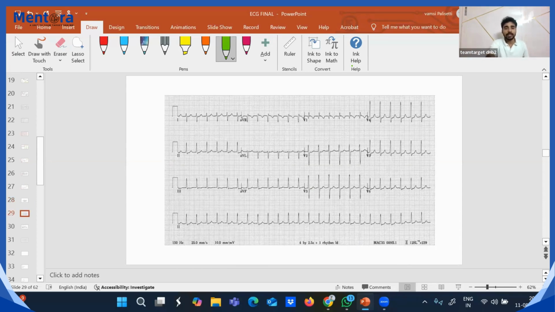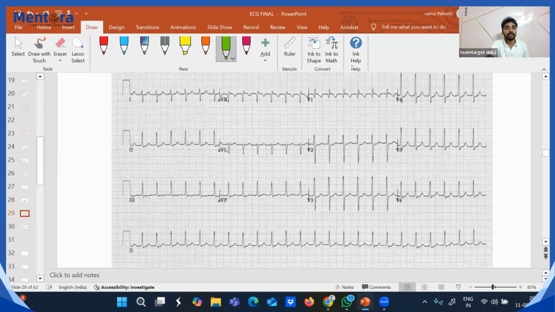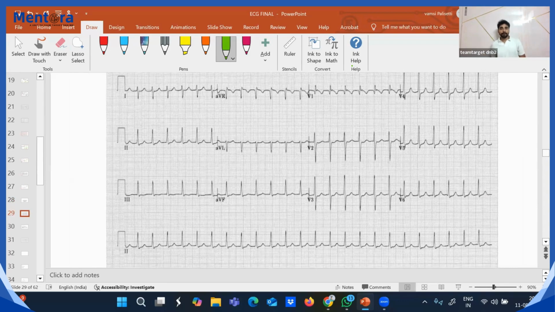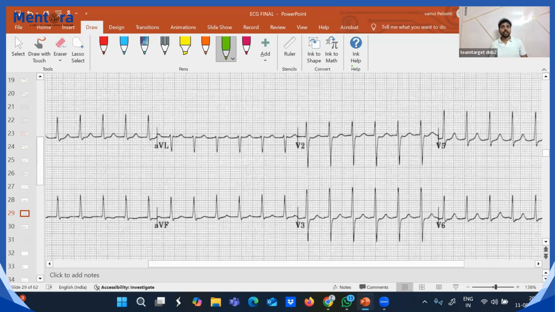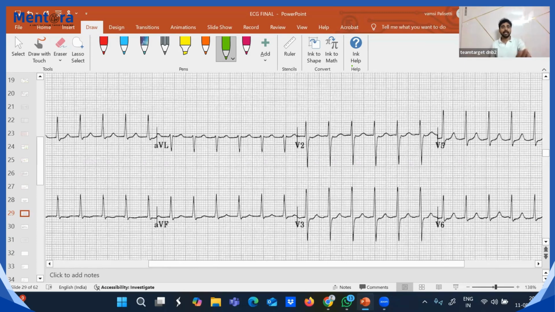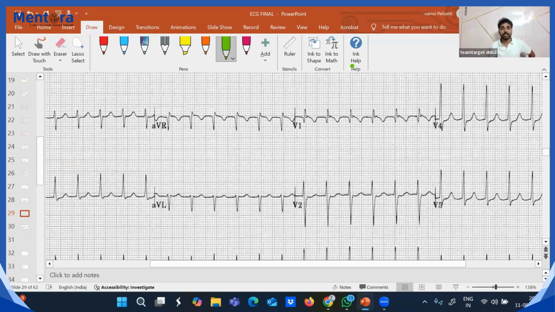See, for example, this is the ECG here. Some more I will zoom. Right. So normally when you see the ECG, it's a narrow complex, regular, no P waves are there, you identify it as PSVT. Clear? Now you have to identify whether it is AVNRT or not. Here if you see V2 or V1, see this one.